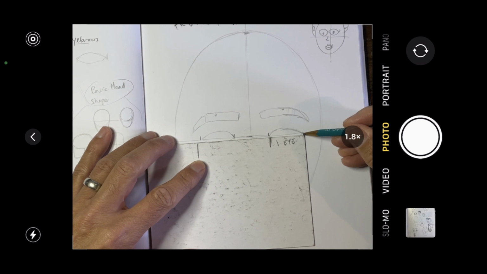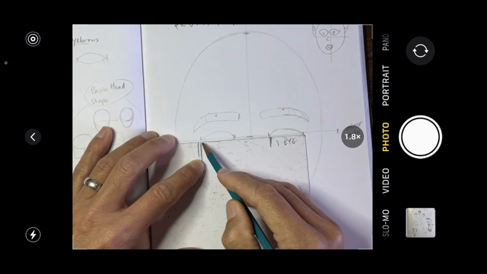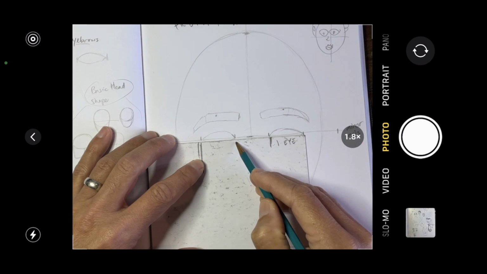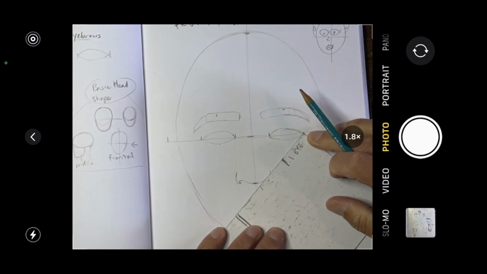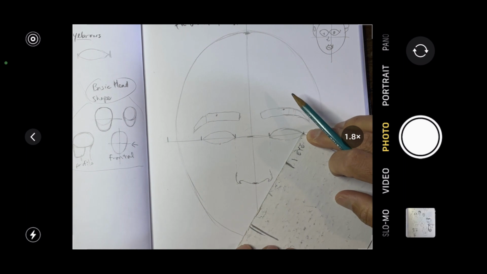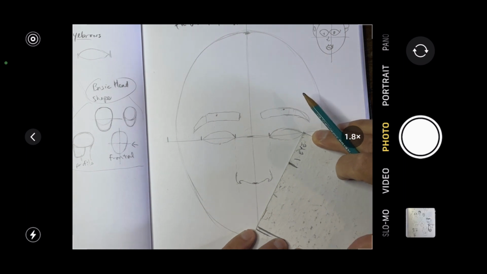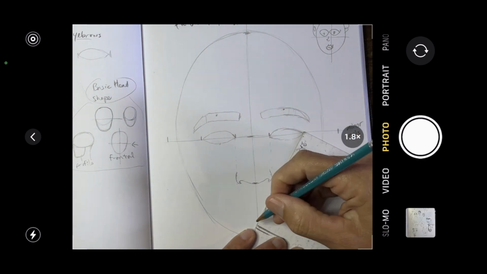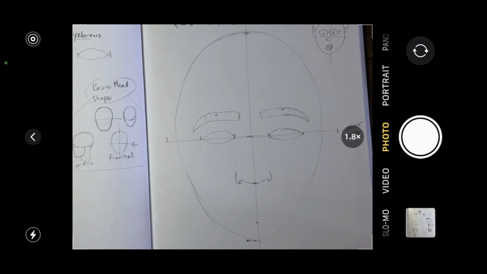So I'm going to take this distance, right? I mismeasured it here. Okay, so I've got 3 eyes: 1 eye, 2 eyes, 3 eyes. Okay, and go to the midline. All right, so right here. And in my face, that's going to have to be the bottom of the mouth.